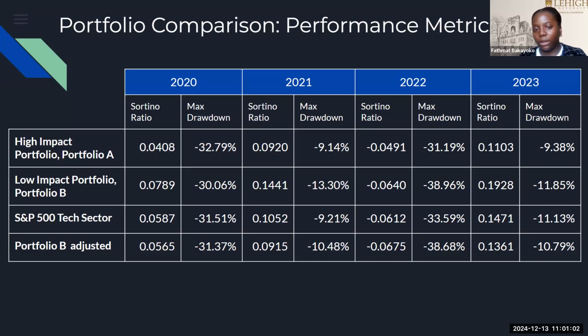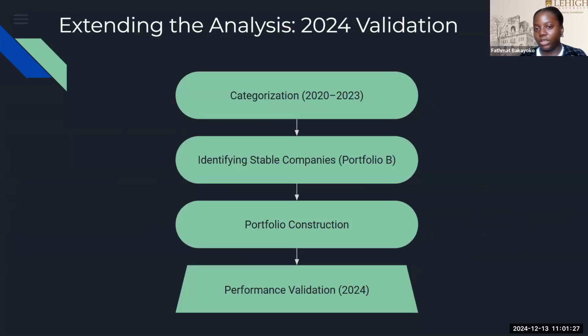As for the maximum drawdown, sometimes the maximum drawdown of the portfolio with fewer senior personnel changes was a little more aggressive than that of portfolio A, but the Sortino ratio and the Sharpe ratio were always higher than the portfolio with more than average senior personnel changes. So using that, we identified companies that were in portfolio B as more stable.